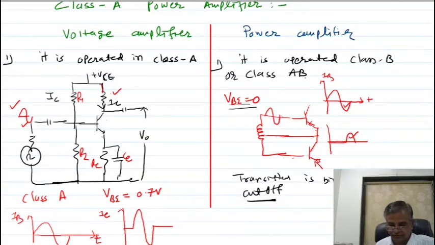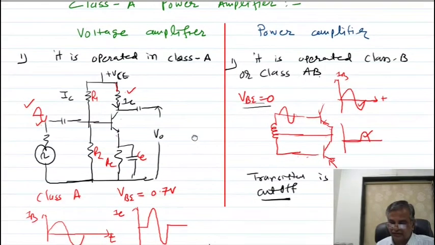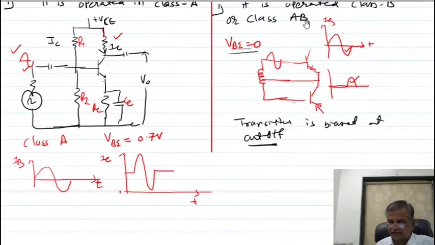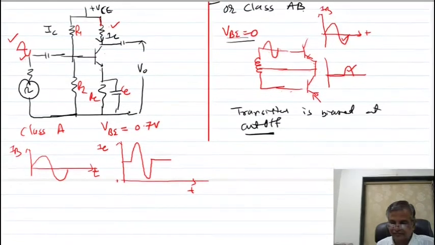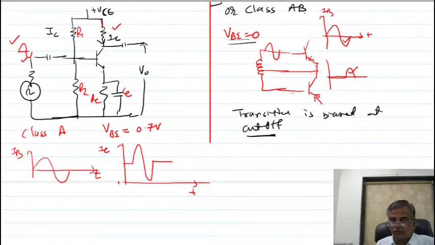Now one may have the question, what is class AB? For class AB, collector current flows for more than one half of the AC input cycle, but less than the full AC input cycle.